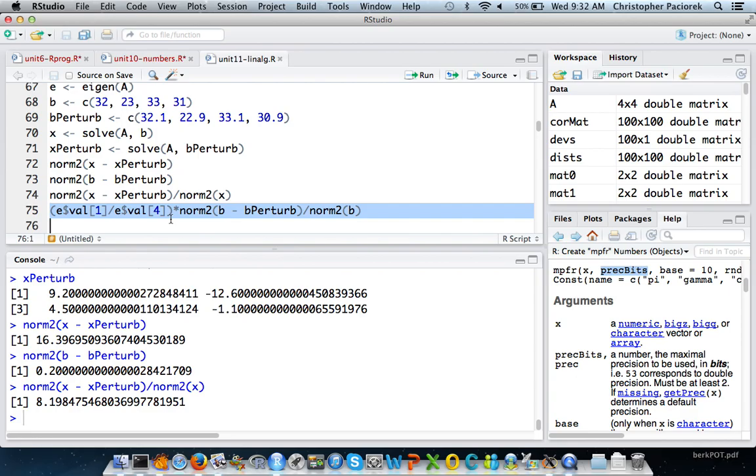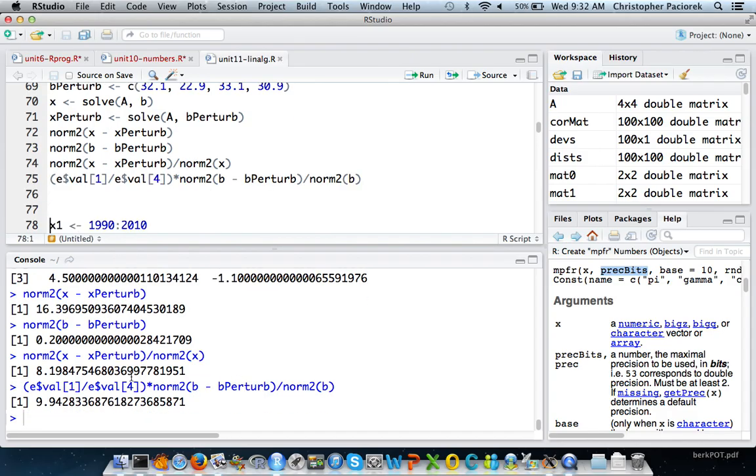Here's the ratio of the largest and smallest eigenvalues. And here's that relative size of the perturbation in B and the size of B itself. So the length of the perturbation in x relative to the length of x was 8.19, and now if I do this, I get 9.94. So my inequality that I gave you on the slide holds.